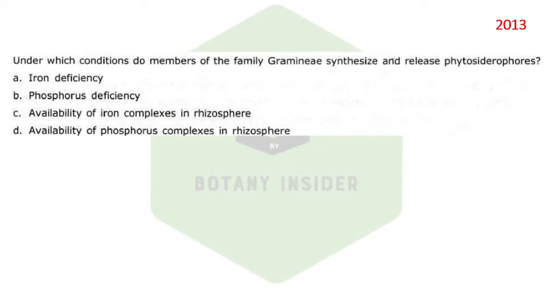First one is iron deficiency. Second one is phosphorus deficiency. Third one is availability of iron complexes in the rhizosphere. And fourth one is availability of phosphorus complexes in your rhizosphere.